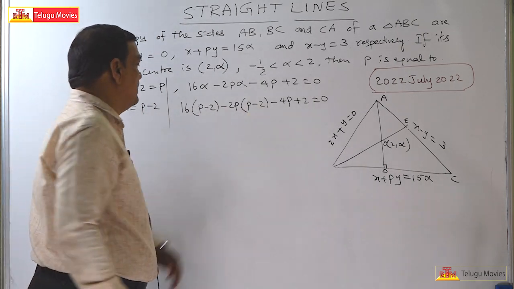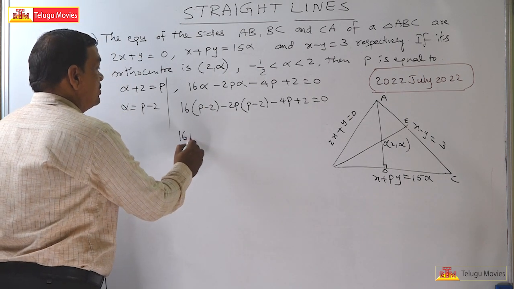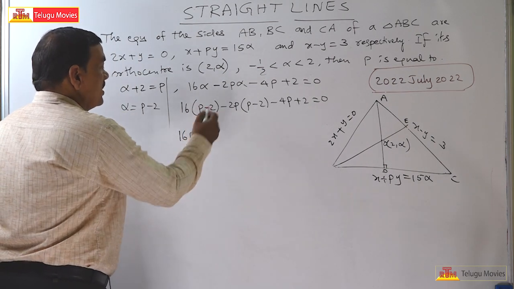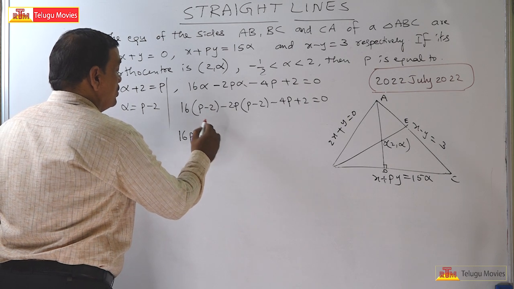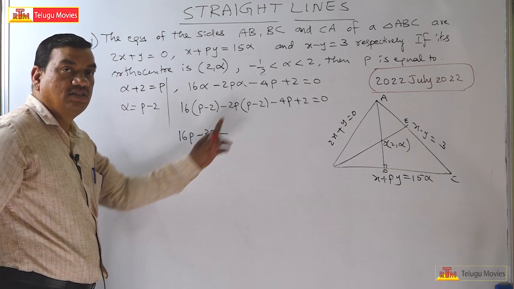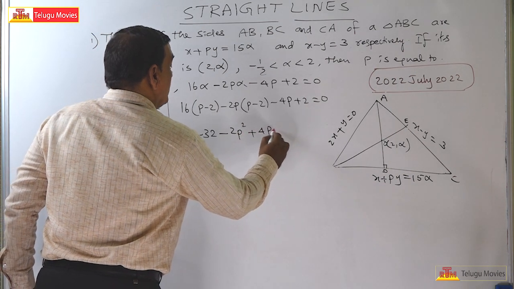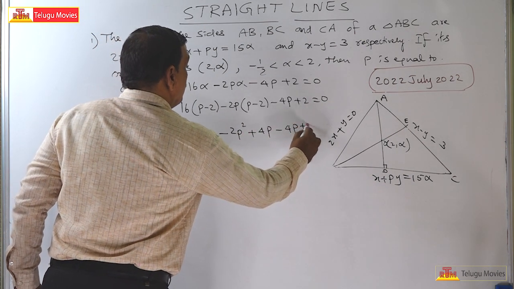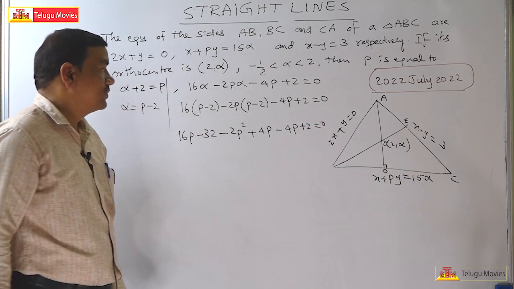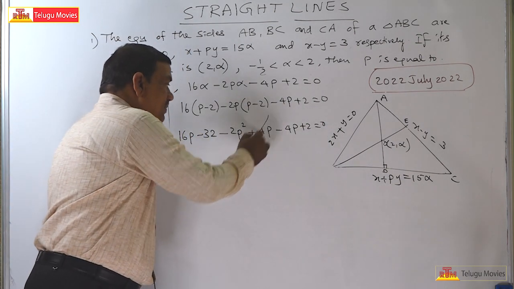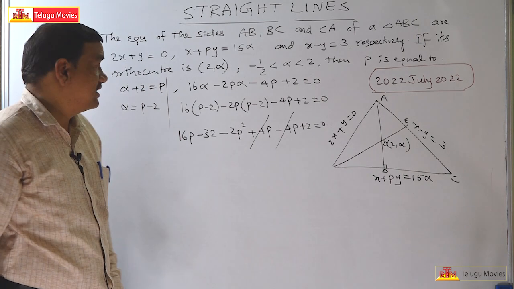So multiply: this is 16p minus 32, minus 2p square plus 4p, minus 4p plus 2 is equal to 0. Any more cancellations? Plus 4p minus 4p gets cancelled.